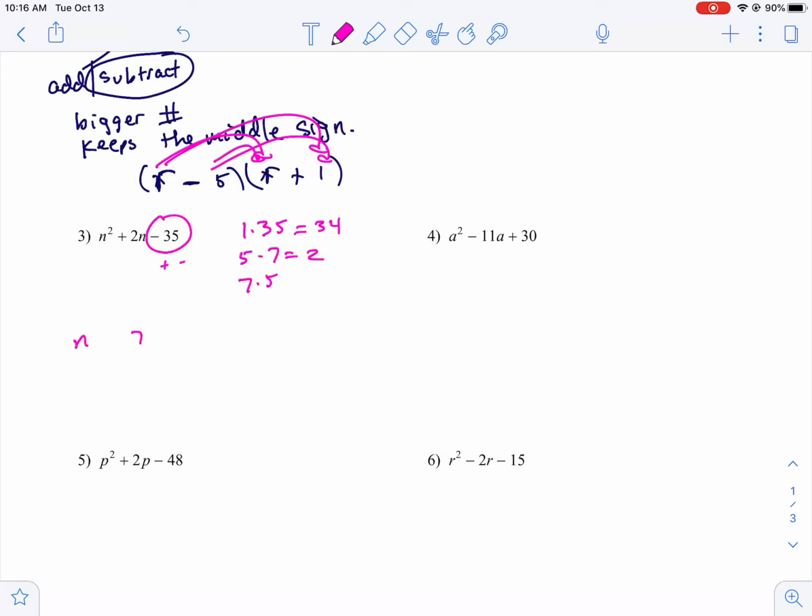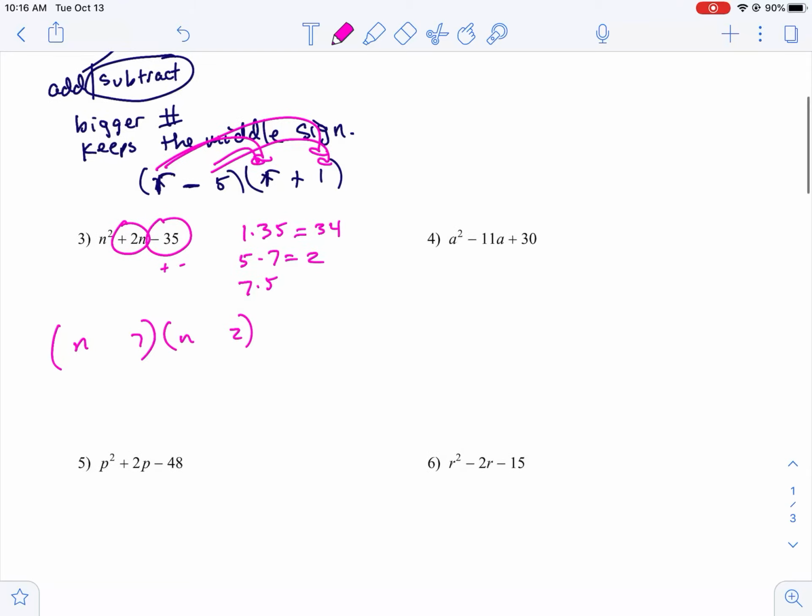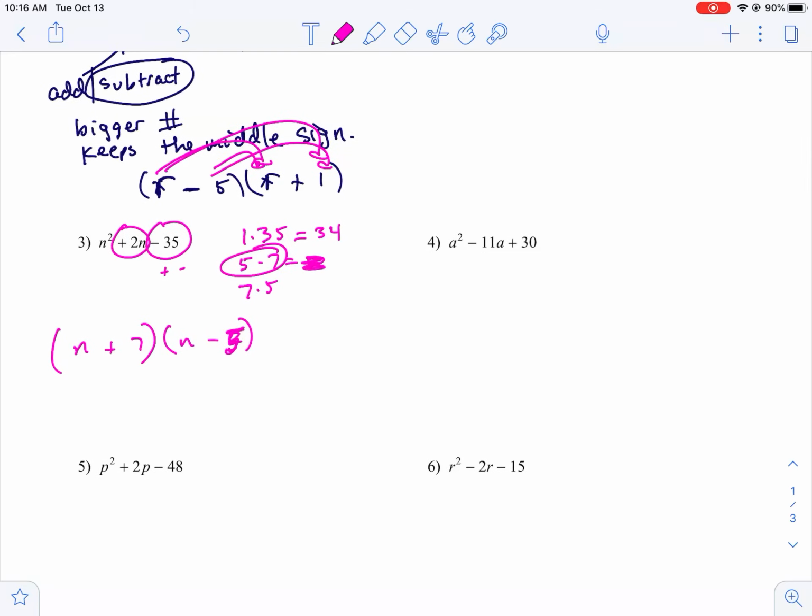So n and 7 and n and 5. Okay? All right, now, the bigger number keeps the middle sign. So the middle sign is plus, so plus 7 minus 5. I'm sorry, minus 5, not 2. That should be a 5. 7 times 5. We don't care about the 2, but it equals 2, and that's the middle number.